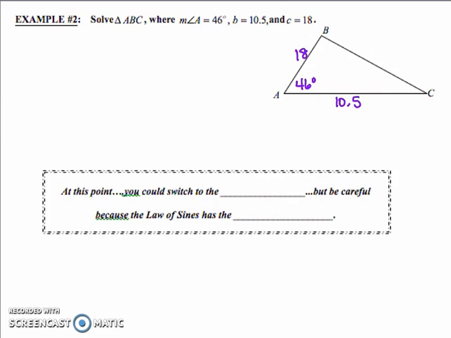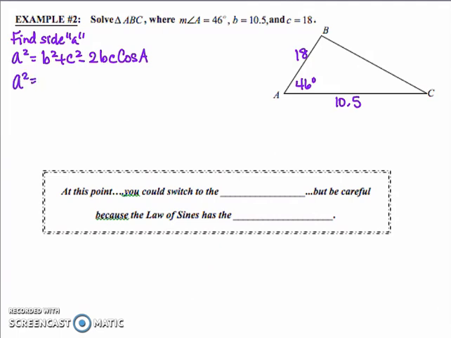That would be helpful because we know sides B and C and we know angle A, so we can use the law of cosines for that. So we are going to start with A squared equals B squared plus C squared minus 2BC times the cosine of angle A. And we're going to go ahead and plug in that information.